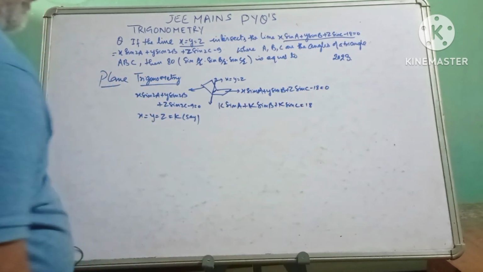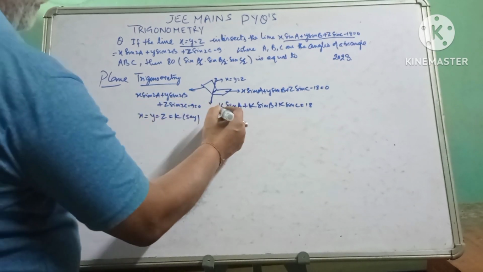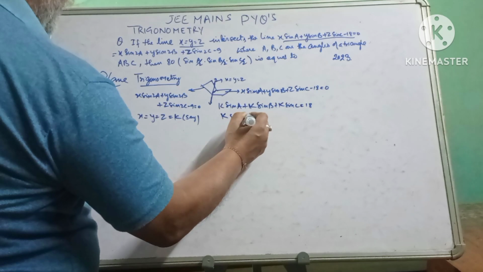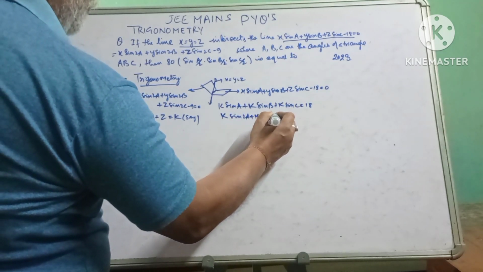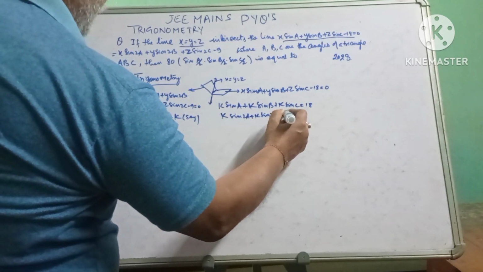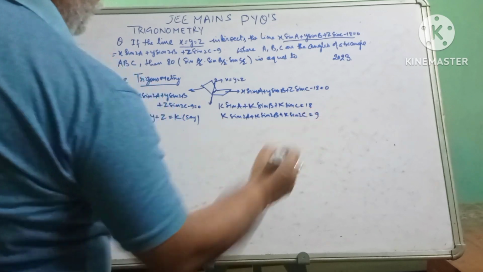This is the equation of the plane. In the other, k sine 2A plus k sine 2B plus k sine 2C is equal to 9.